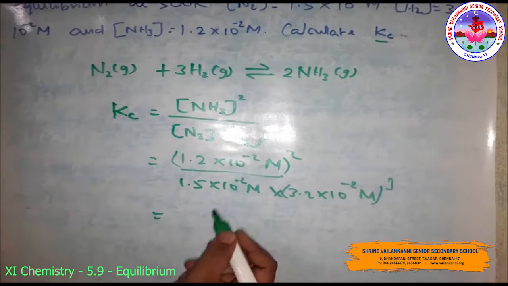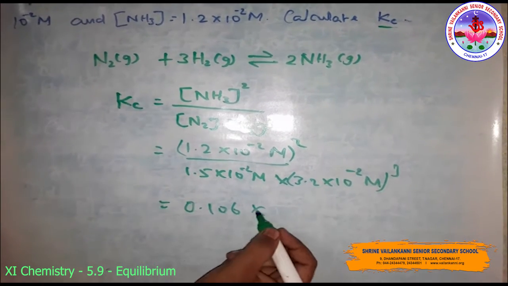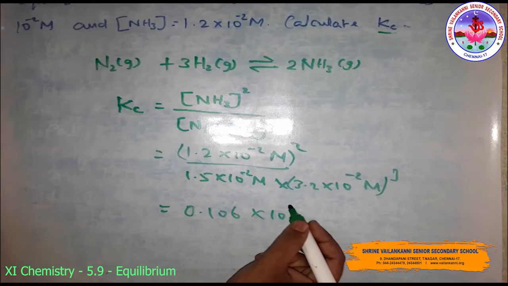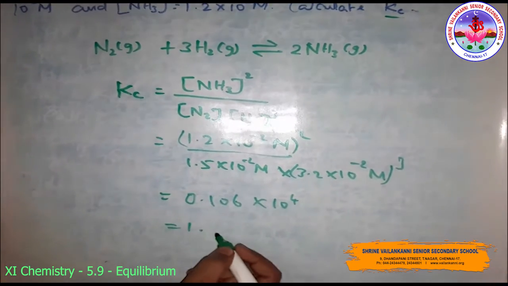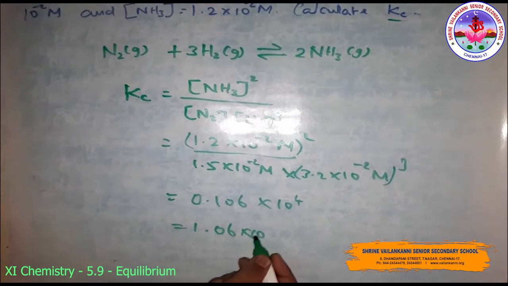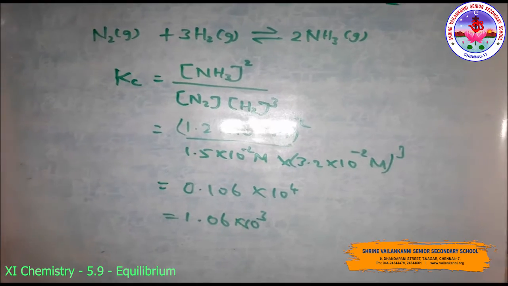After simplifying, you will get 0.106 x 10^4, or you can write Kc is equal to 1.06 x 10^3. So this is the Kc value.